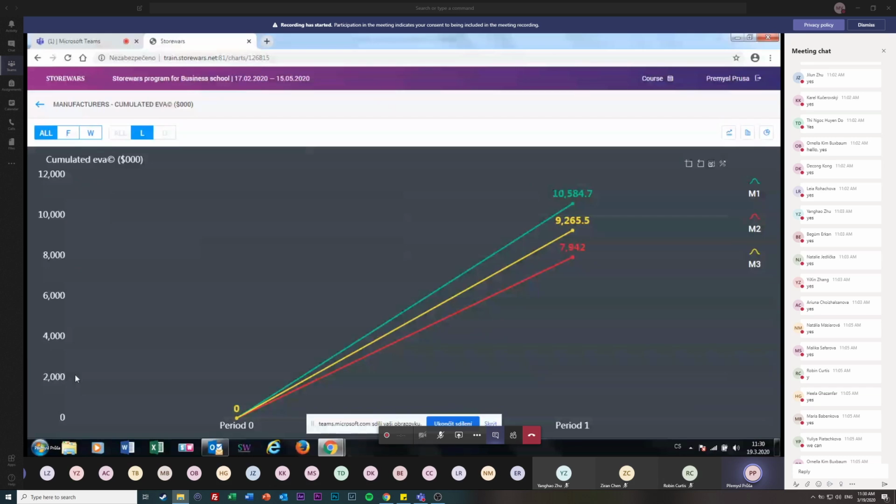And the best one is here, manufacturer 1, followed by manufacturer 3 and manufacturer 2 being on the last position. But never mind, there is just about 2000 development, which is very good result, I think. So definitely for this development, I don't have any big comments.